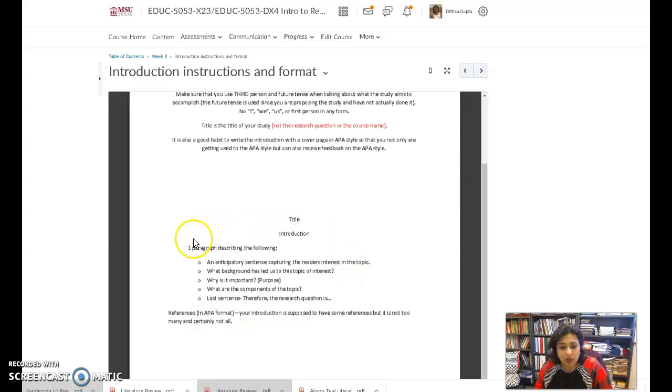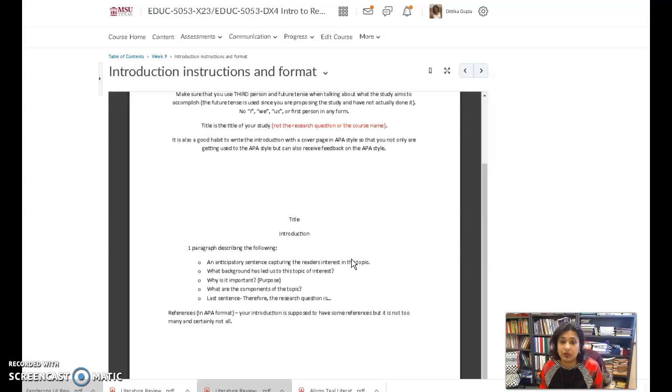The way you're going to do your introduction is you're going to start with an anticipatory sentence that captures the readers, something like, education is evolving. And then you add on the background that has led to your research. When I say the background, that means the research that you have done, the literature search report that you did, the articles that you found. You are not to cite all of them, but you will cite a few of them because you are going to build up the background of it.